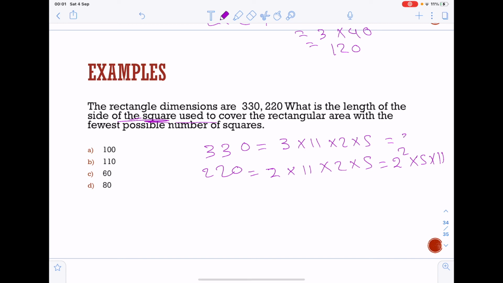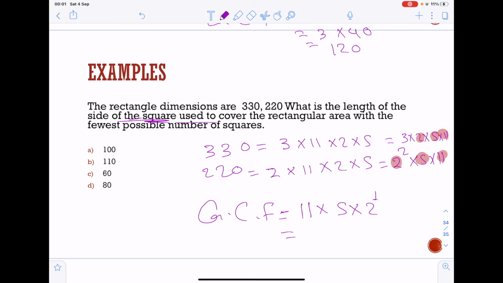And 330 is 3 times 2 times 5 times 11. So for the greatest common factor, we only take the common factors, which are 11, here and here, and 5 also here and here, and 2 here and here. So 11, 5, and 2, with the lowest power, so I will not take 2 to the power 2, I will take 2 to the power 1. 2 times 5 is 10, 10 times 11 is 110, so the answer is 110.